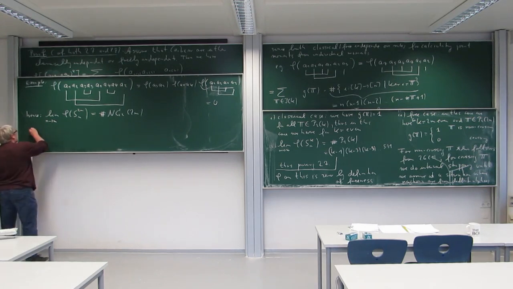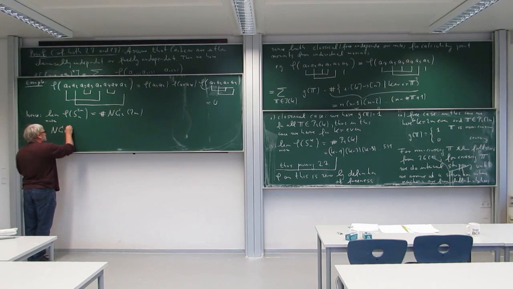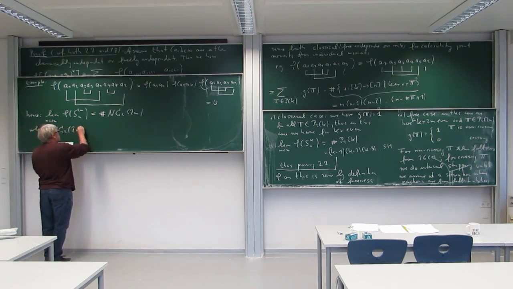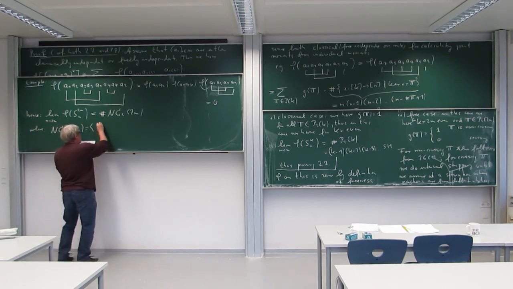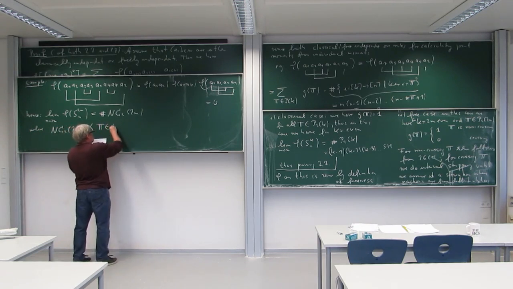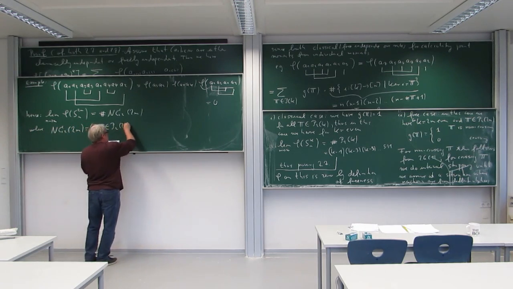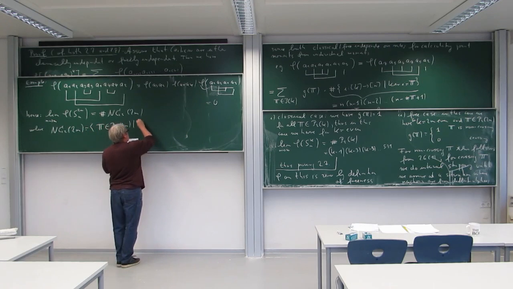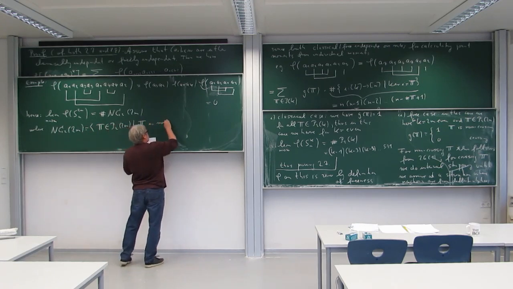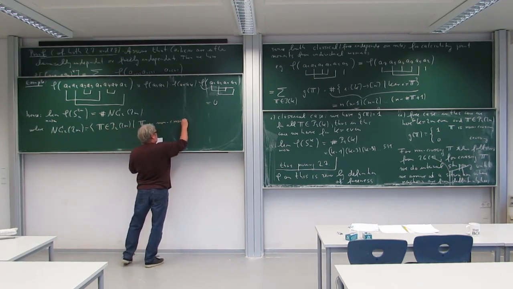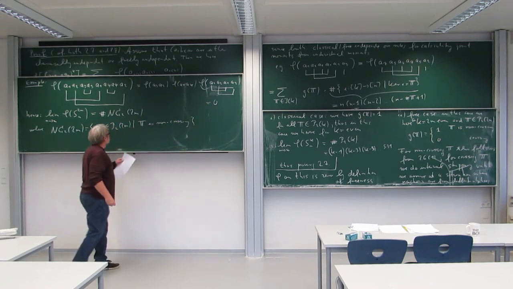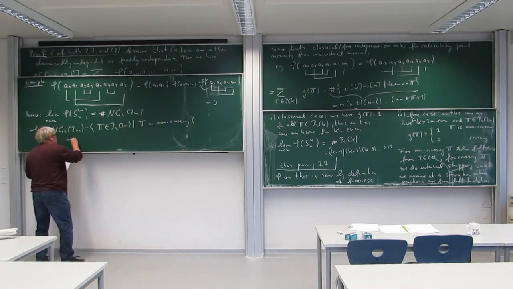So we write this down: NC2 of 2m. Those are the pairings of 2m elements where pi is non-crossing. So those are what we call the non-crossing pairings.